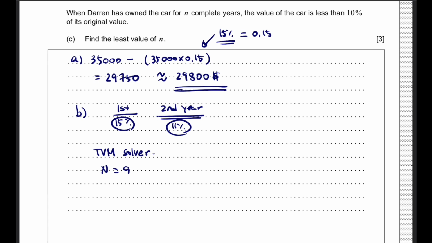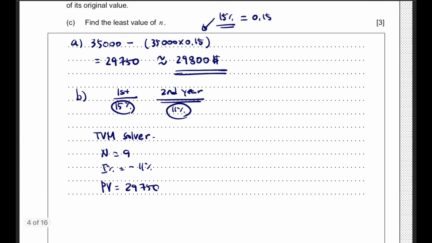So we set N equals 9, and the interest rate is negative 11% because the price is decreasing. Present value is from question A, so we are using the price of the car after the first year, which was solved in question A as 29,750, and the future value is the one that we need to find.